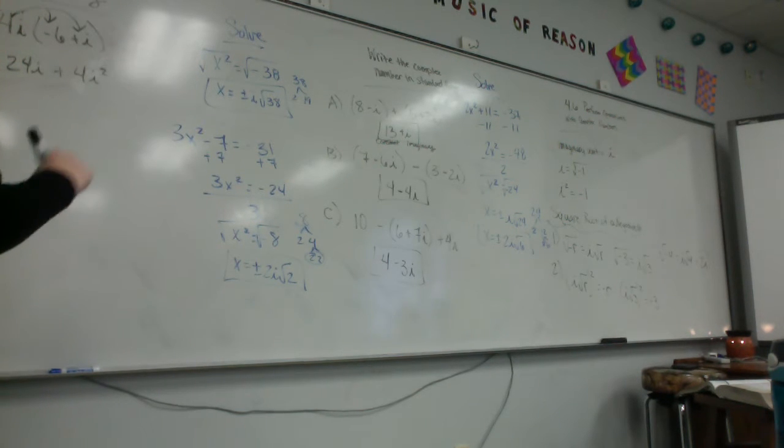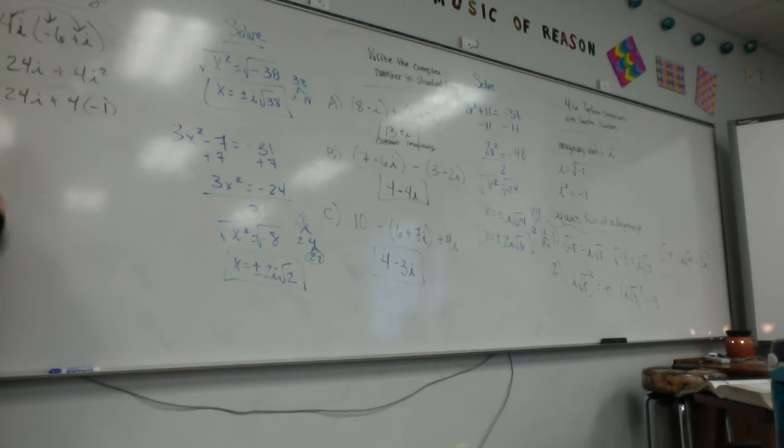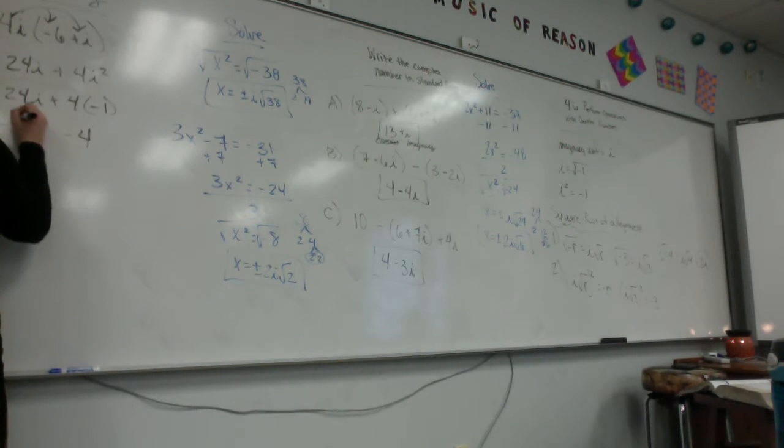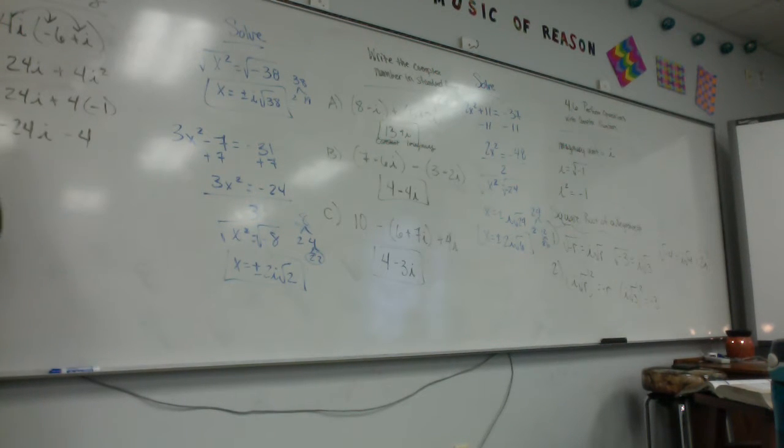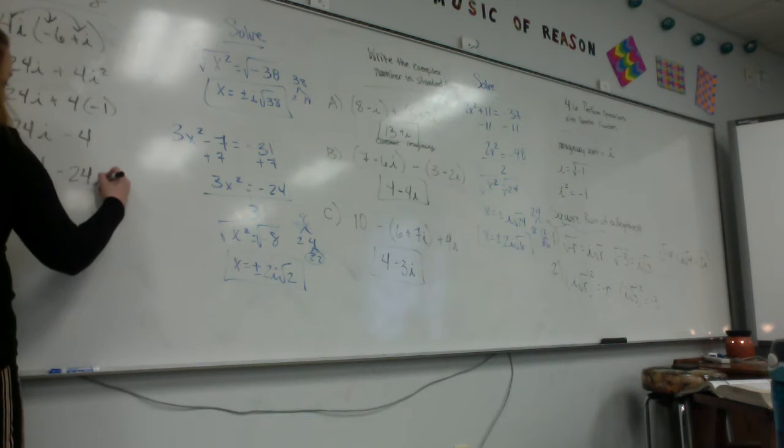It equals negative 1. So technically you have negative 24i plus 4 times negative 1. What is 4 times negative 1? Negative 4. Now, is this in standard form? No. So what do I need to do with these two numbers? Flip them so that I have negative 4 minus 24i.